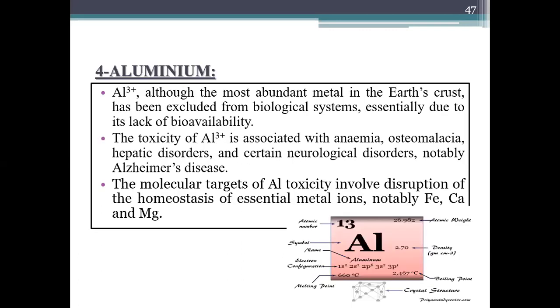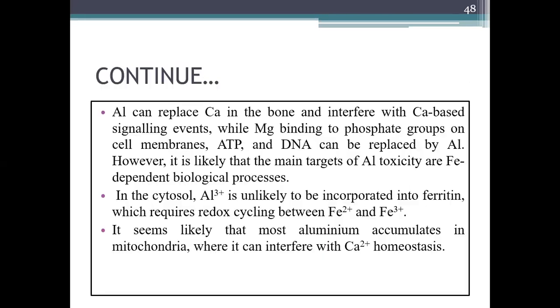Aluminium. Aluminium, although the most abundant metal in the earth's crust, has been excluded from biological systems essentially due to its lack of bioavailability. The toxicity of aluminium is associated with anemia, osteomalacia, hepatic disorder, and certain neurological disorders, notably Alzheimer's disease. The molecular target of aluminium toxicity involves disruption of the homeostasis of essential metal ions, notably iron, calcium, and magnesium.